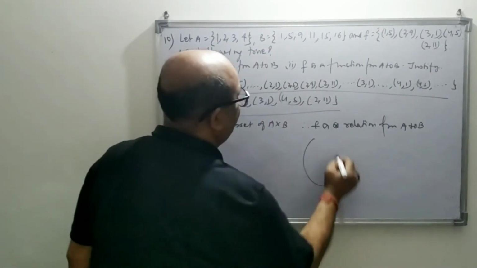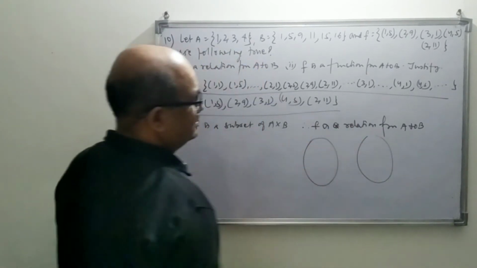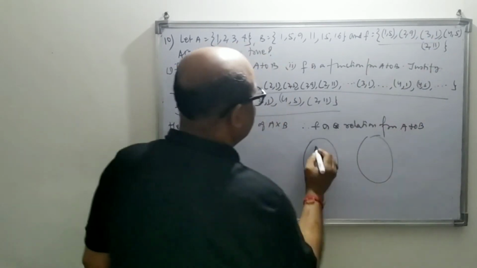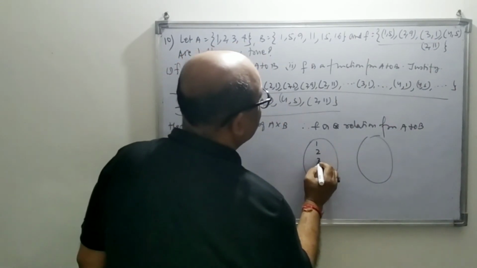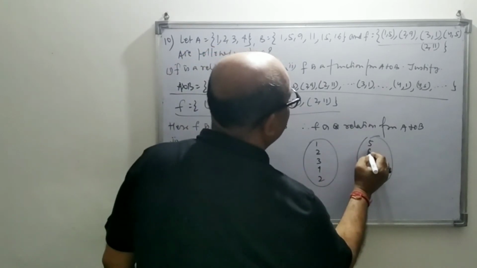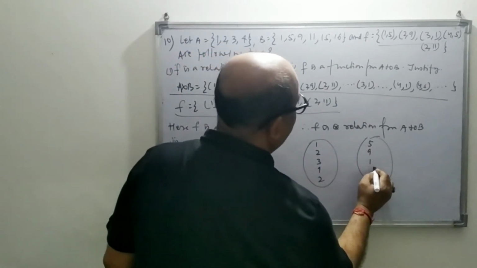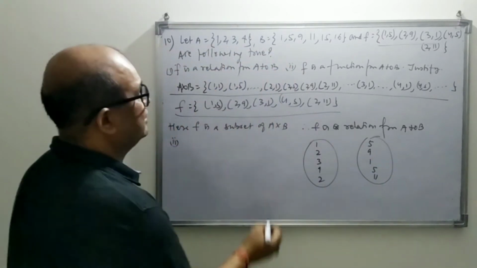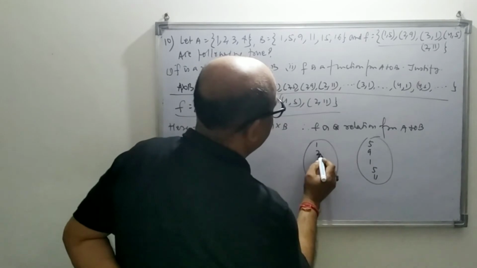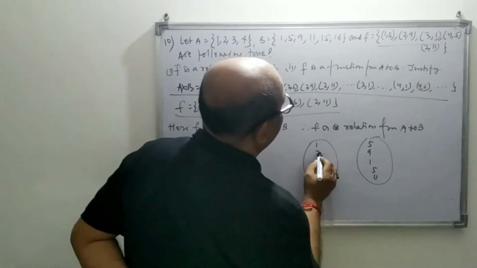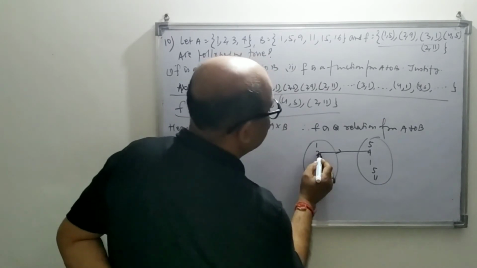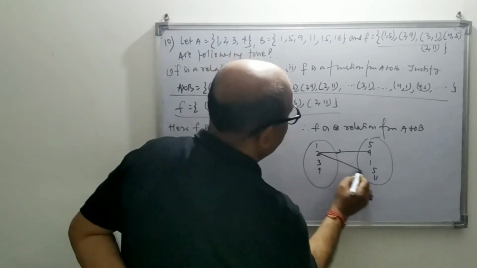The second one. Here, this contains 1, 2, 3, 4 and this contains 5, 9, 1, 5, 11. Now you see here, 2 has got how many images? This 2 has got one image, 9, and this 2 has got two different images, 11.